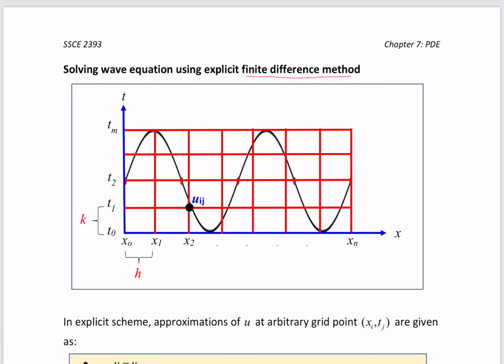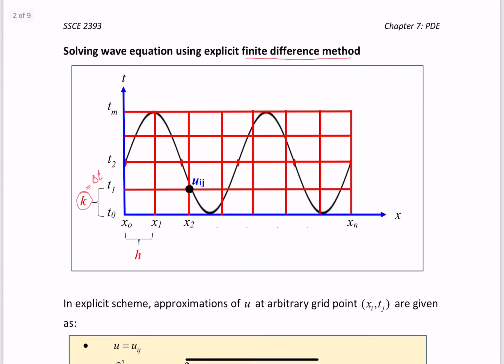And then for the t domain, at the y-axis, we have from t0 equal to 0 up to tm, where our time differencing for the y-axis, or for time, is k. So here k, maybe we also can say sometimes it is delta t. And the space differencing in the x direction is h here.